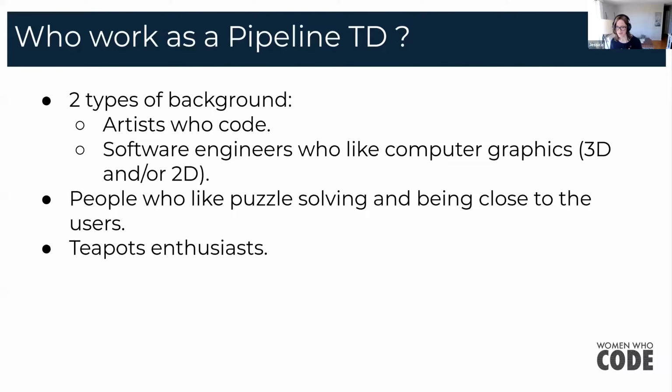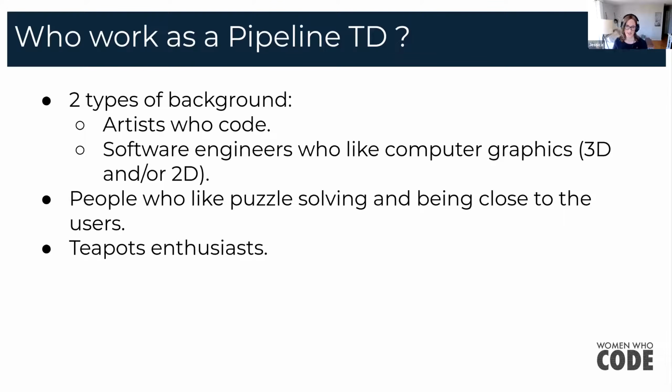I didn't want to repeat the same operation over and over. Some people have an interest in some of the technical aspects of it. So typically it's an artist who slowly transitions over. They start by doing small scripts to automate their work, and then they transition more and more into actual software developer roles.